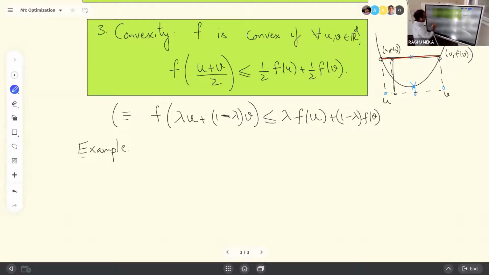All right, so let's do one example just to make sure we get some sense of these three properties. Recall the ERM problem with the L2 loss function.